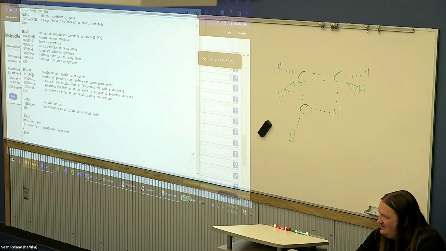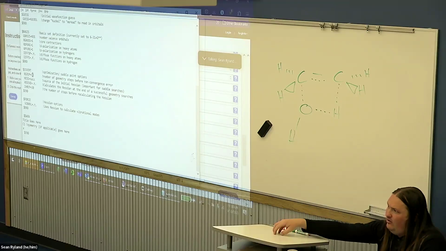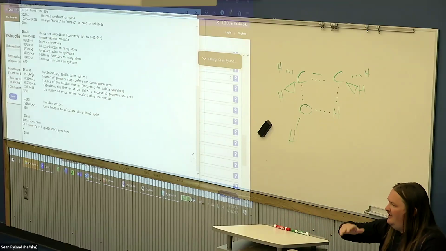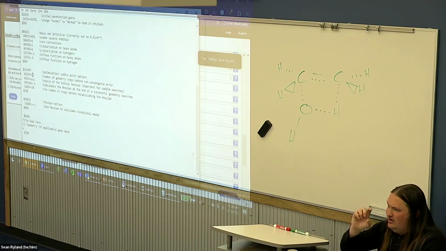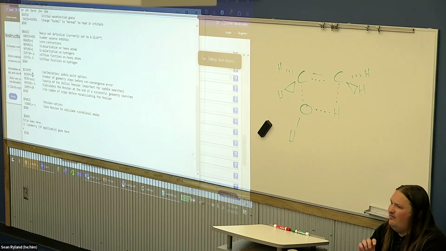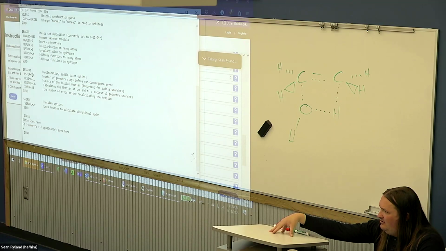Your optimization is going to be made up of a series of calculations, just like finding your molecular orbitals was, where it's looking for a potential energy minimum. The geometry works the same way, except it's optimizing where the atoms are, whereas looking for the single point energies was looking at what orbitals to mix together to get the lowest electronic energy, but it was keeping all the nuclei still.